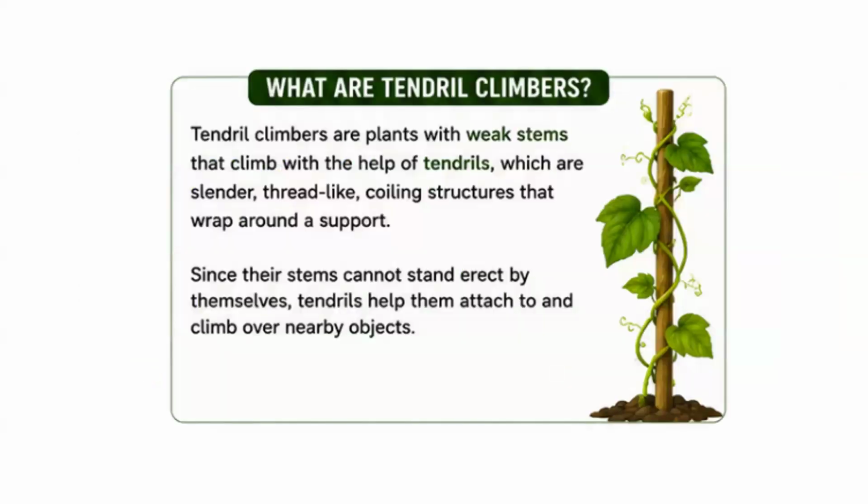Now, tendril climbers. We have already studied the comparison at the start. Okay, they are the plants which have weak stems, so they climb with the help of tendrils, which are actually very slender thread-like coiling structures. Because the stem cannot stand erect by itself, tendrils are the structures, either modified leaf or leaflet, which help them to climb.